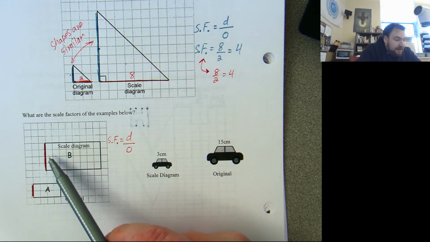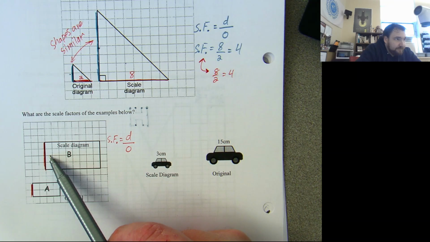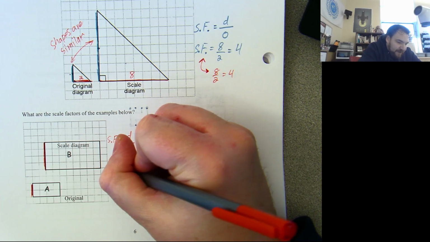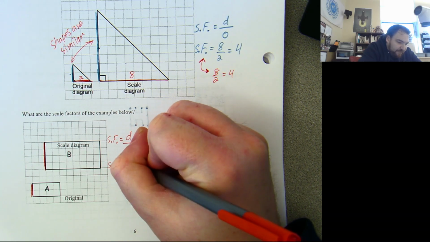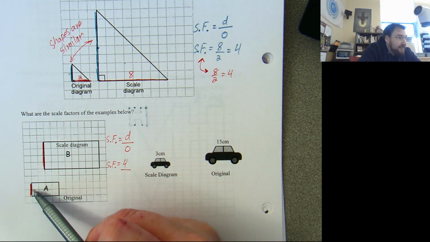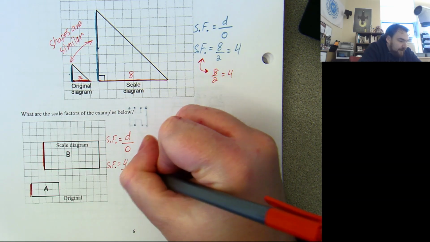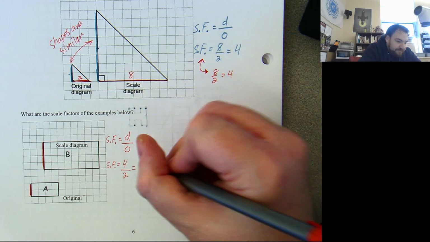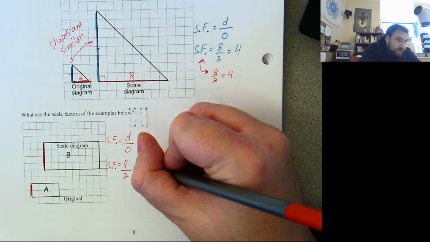On the scale diagram, how long is it? It's 4 long. So my scale factor is going to be 4 in the scale diagram divided by, how long is that corresponding side in the original? It's 2. So 4 divided by 2 is? It's 2.